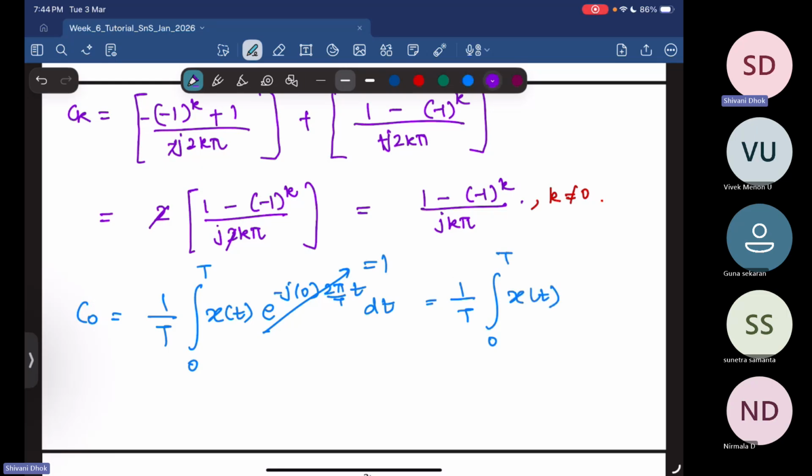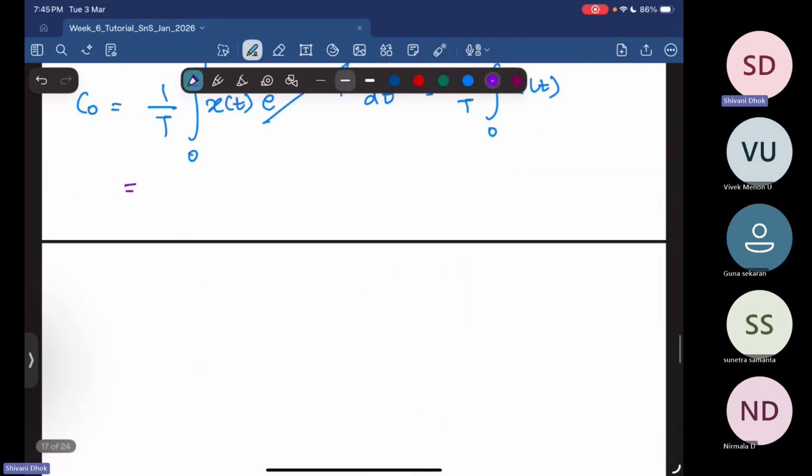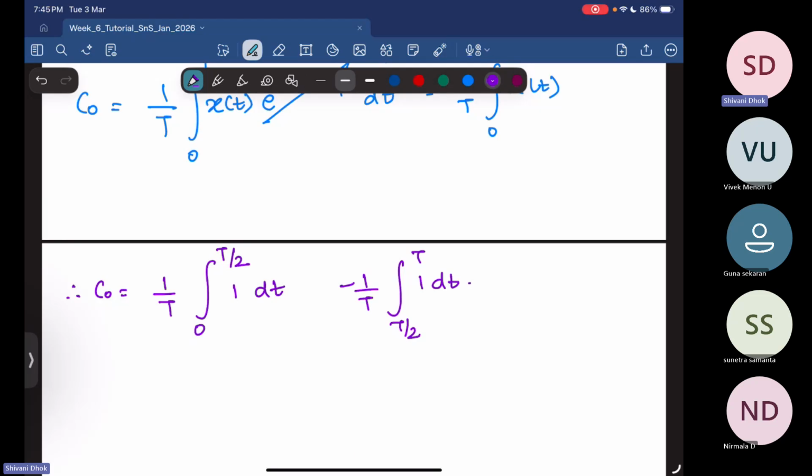So now C0 is equal to 1 by T, again, integral from 0 to T by 2, your signal was 1, dt, and from T by 2 to T, it was minus 1. So this is what we have.